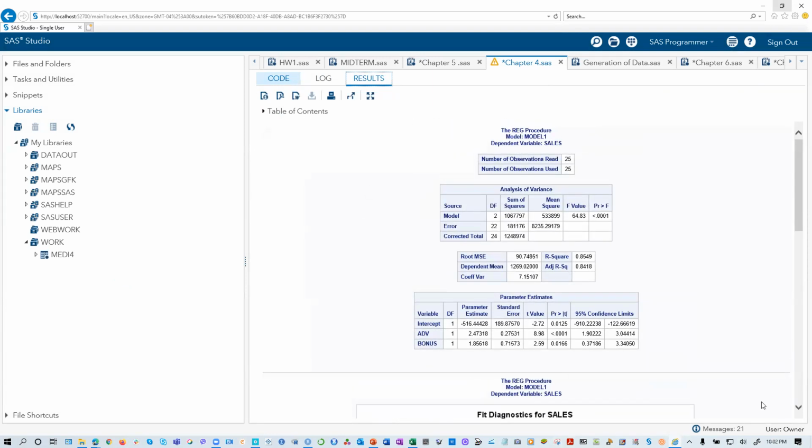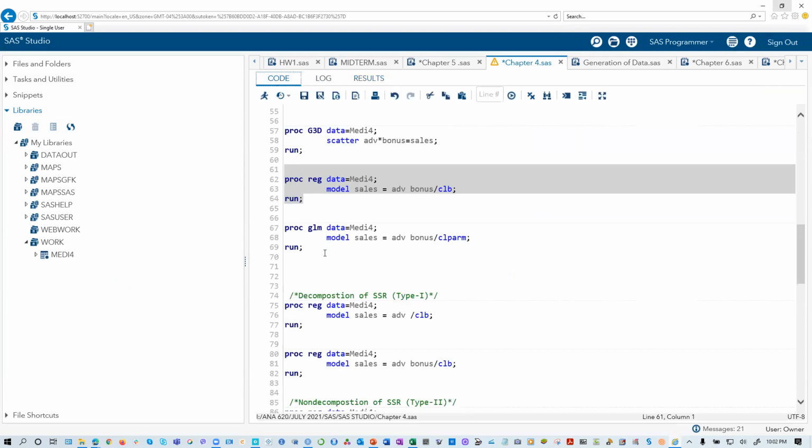Forget about this graph. But when you run the GLM, the general linear model, meaning the most general case, in addition to getting these three, you're going to get another two.